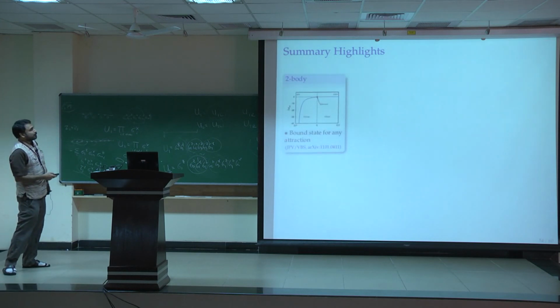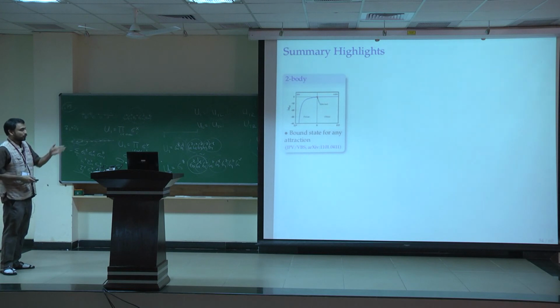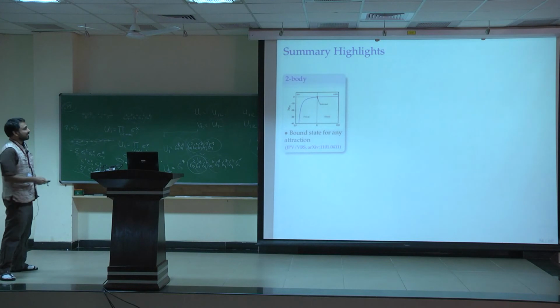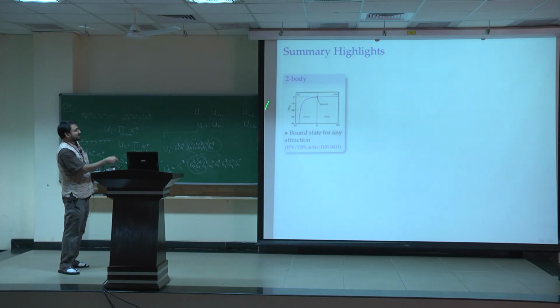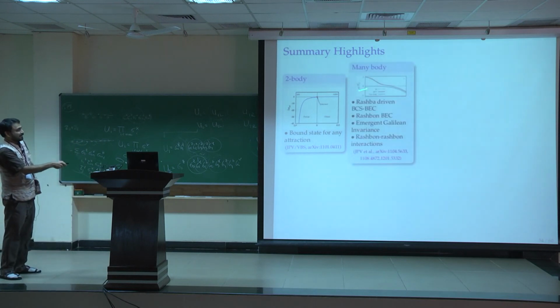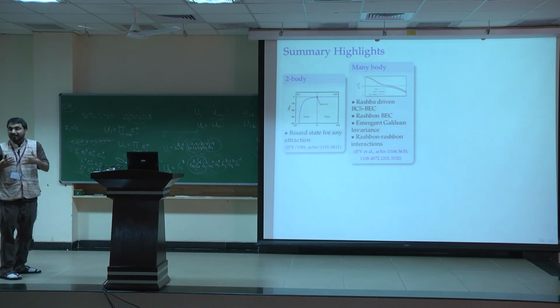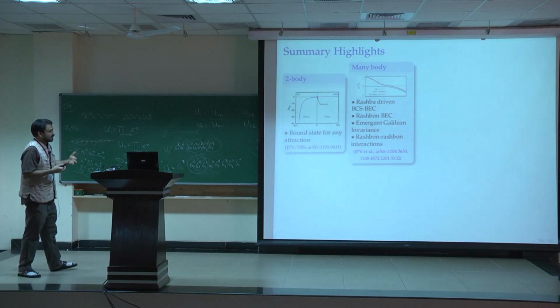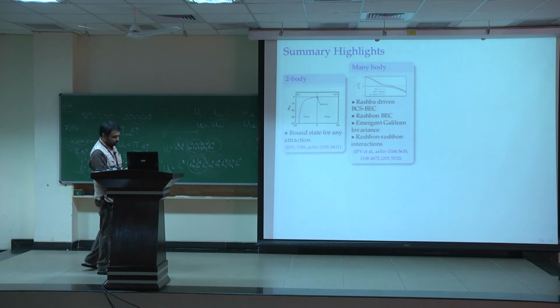Okay, so let me summarize whatever I have told you, and I will still have about 10 minutes for discussion. I showed you that with this Rashba kind of gauge potentials, there is a bound state for any scattering length. I discussed this Rashba spin orbit coupling driven BCS to BEC crossover. I showed you this Rashba BEC, emergent Galilean invariance, and a system where you have interactions that are independent of the interactions of the constituents.